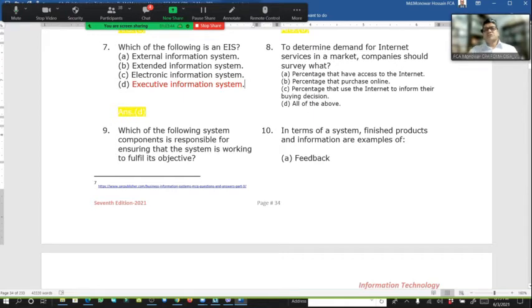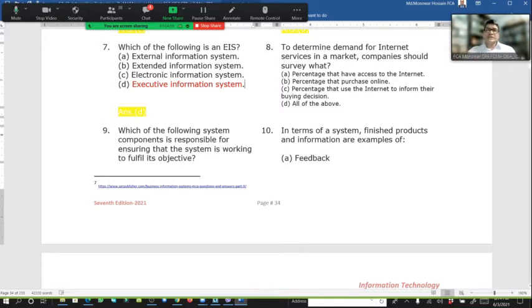And number 8, to determine demand for internet service in a market, what should companies survey? So companies who are internet providers, how should they survey?